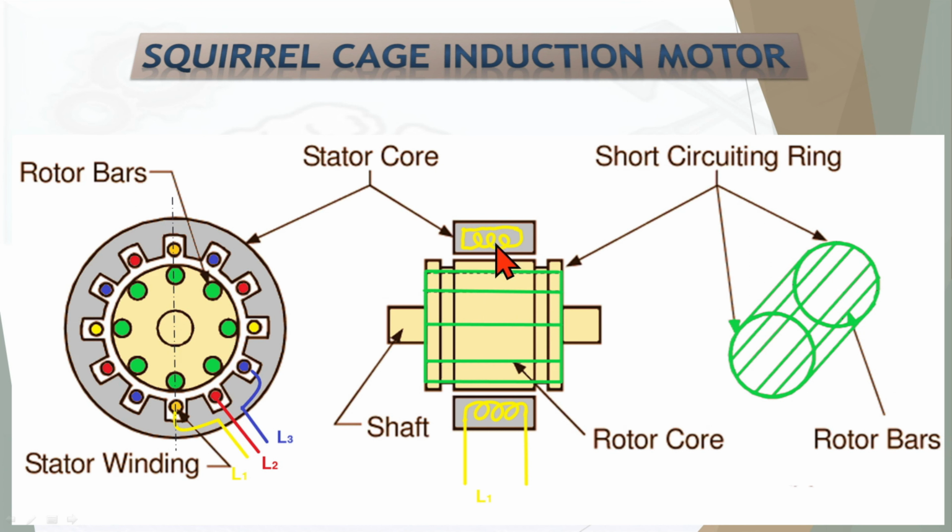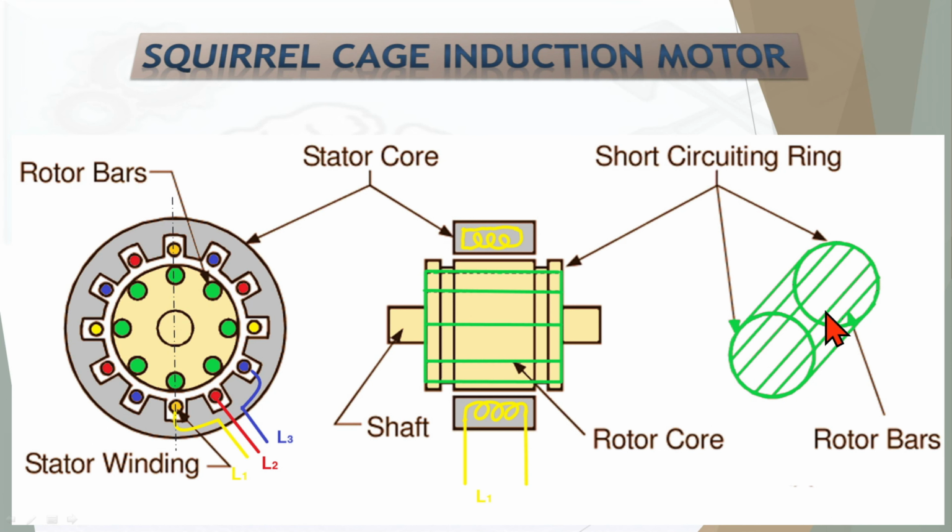You can see the windings of the stator. These windings create a rotating magnetic field as they are supplied with three-phase AC supply. This rotating magnetic field induces an EMF in the rotor bars. The current which flows in the rotor bars creates a magnetic field also, and the interaction between the stator magnetic field and the rotor magnetic field causes a torque to develop in the rotor, which makes the motor turn.